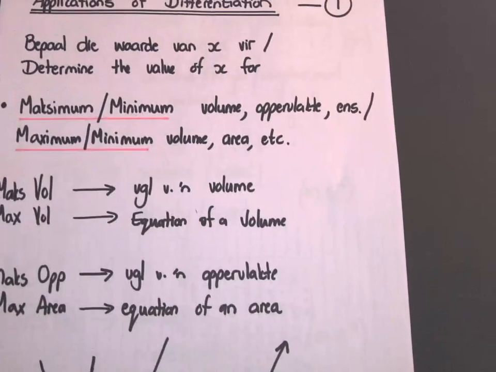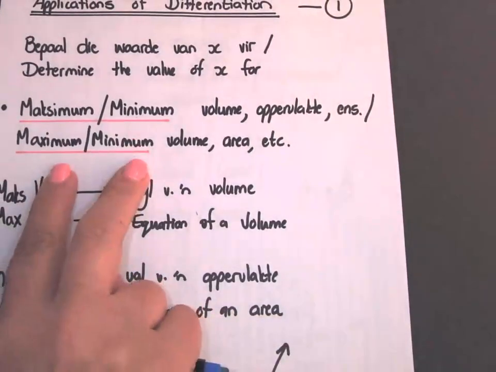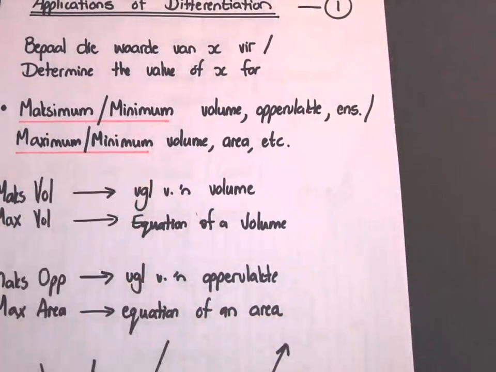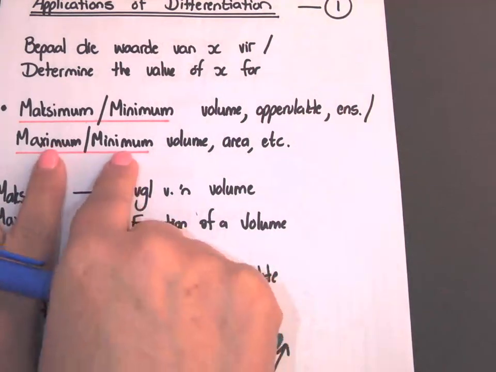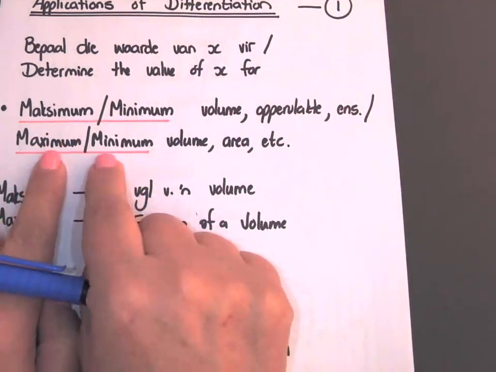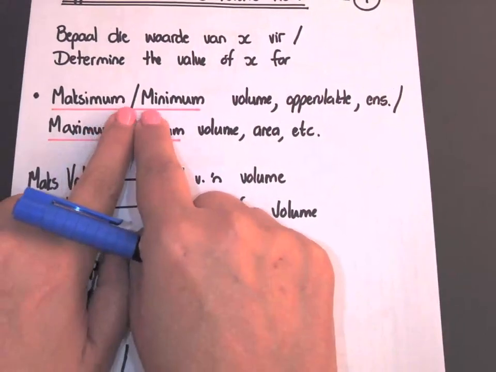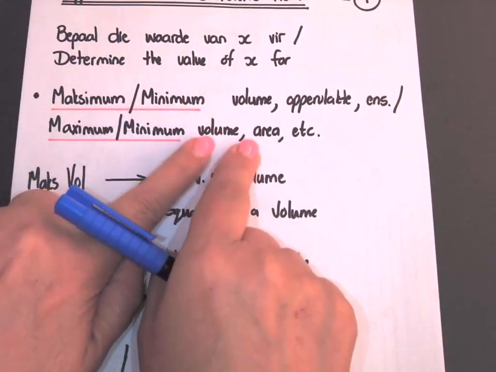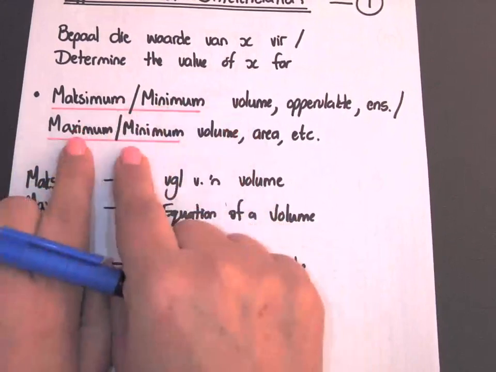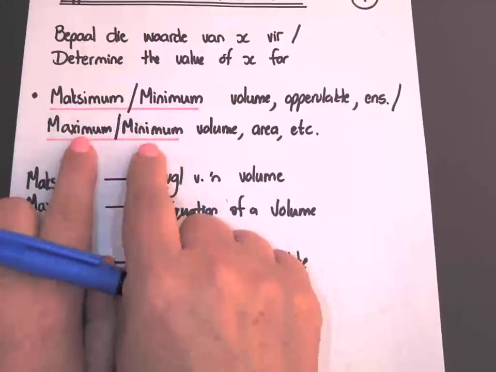But now they will give you an equation for distance and ask you what will be the maximum or minimum speed. So you have to look carefully with which word they couple the max or minimum.